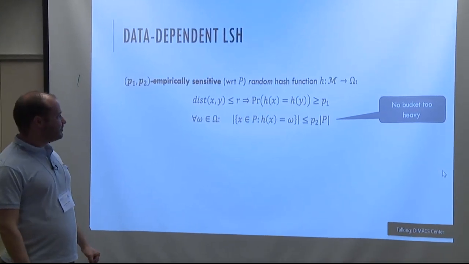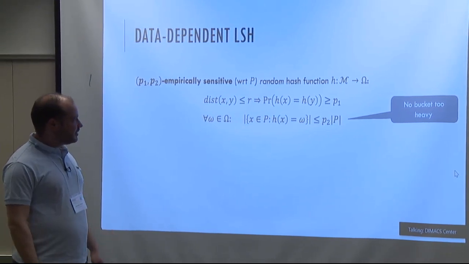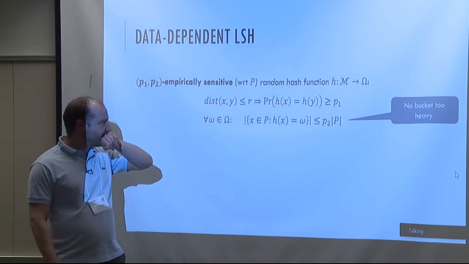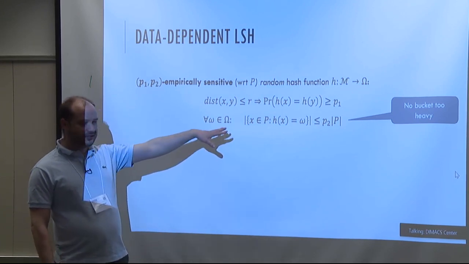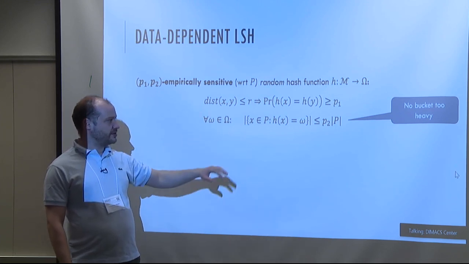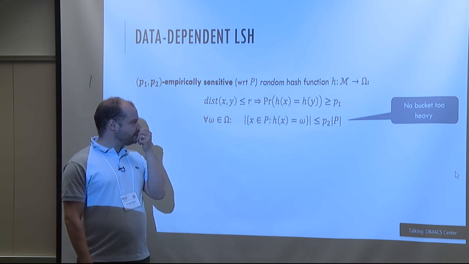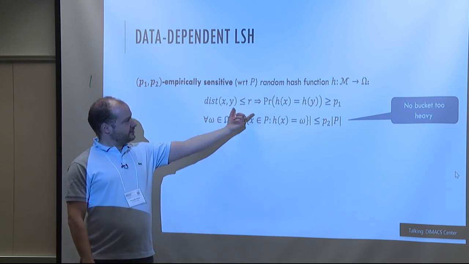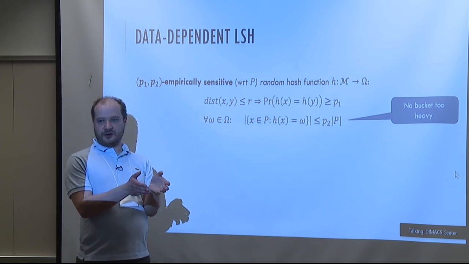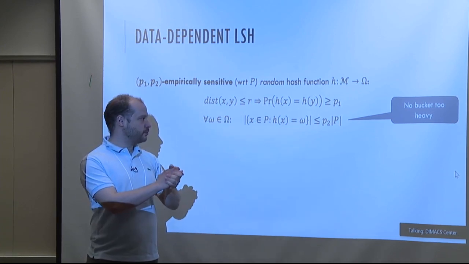Now I'll ask something else that's a bit more in the spirit of average distortion embeddings. It looks quite different, but there is a connection to the original LSH that I'll show in a second. So again, this guarantees for any 2 points in my metric space: if their distance is at most R, if they're close, then they collide with probability at least P1.